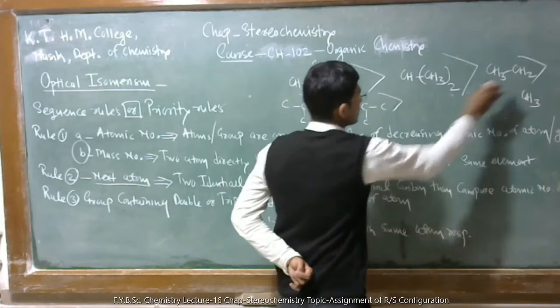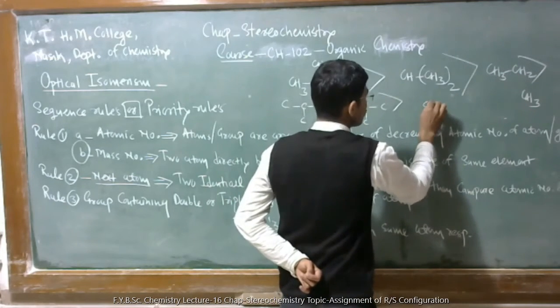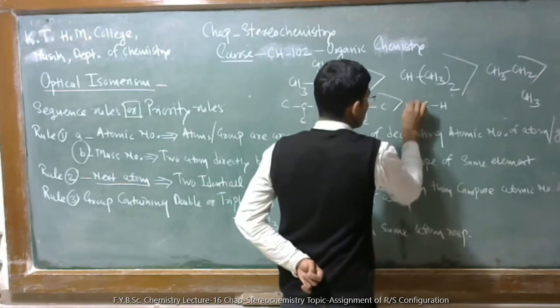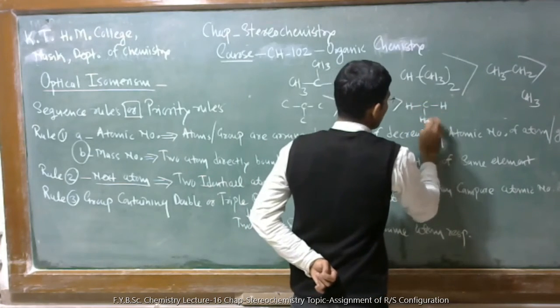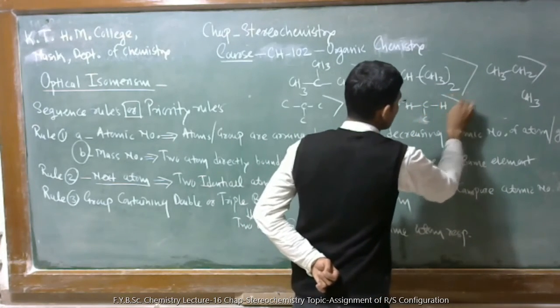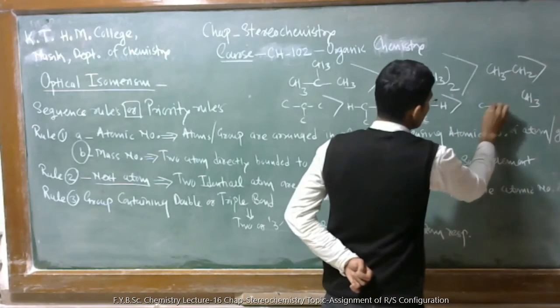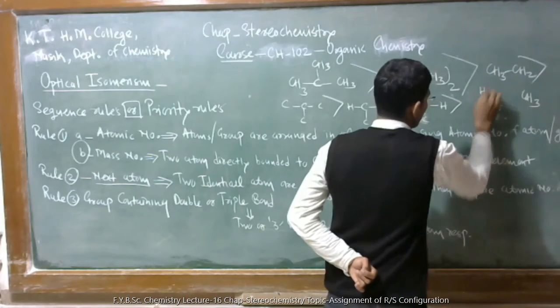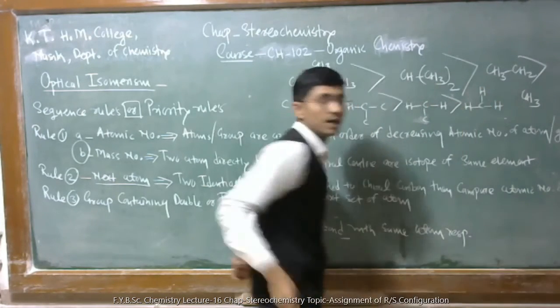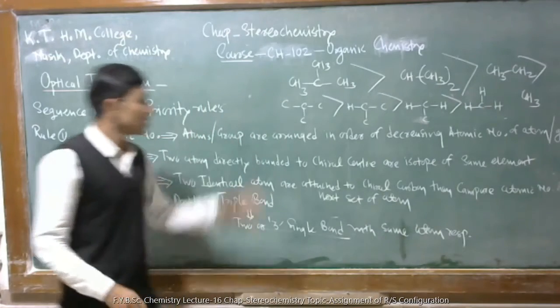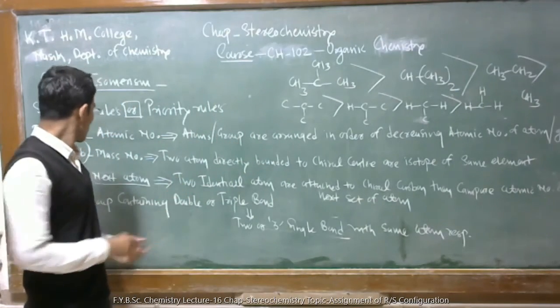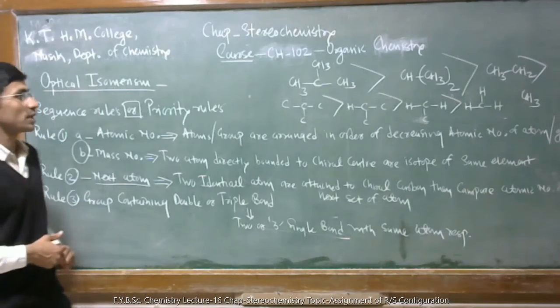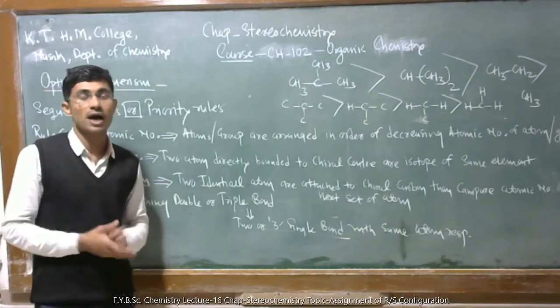This carbon is attached to 2 hydrogens and 1 carbon, so it gets the third priority, and this is attached to 3 hydrogens, so it gets the fourth priority. In this way, we can apply rule 2 many times when you assign R and S configuration to a chiral carbon.